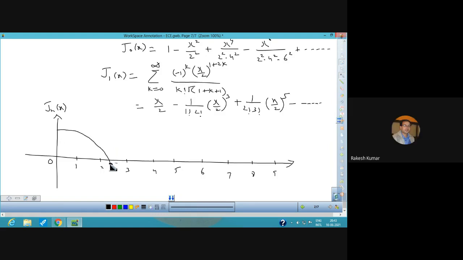This is the graph we have. I am plotting the graph with the free hand.